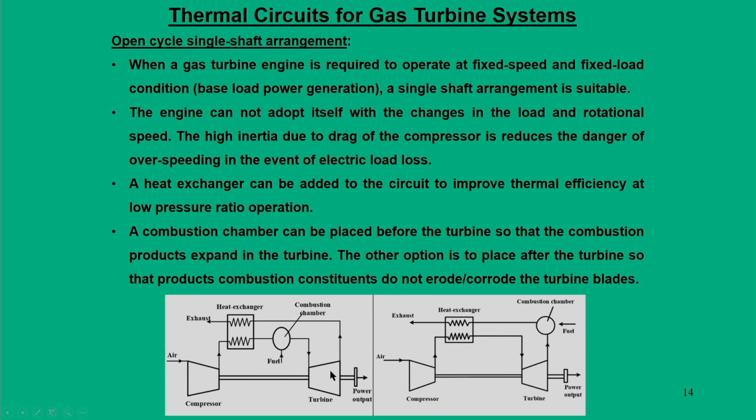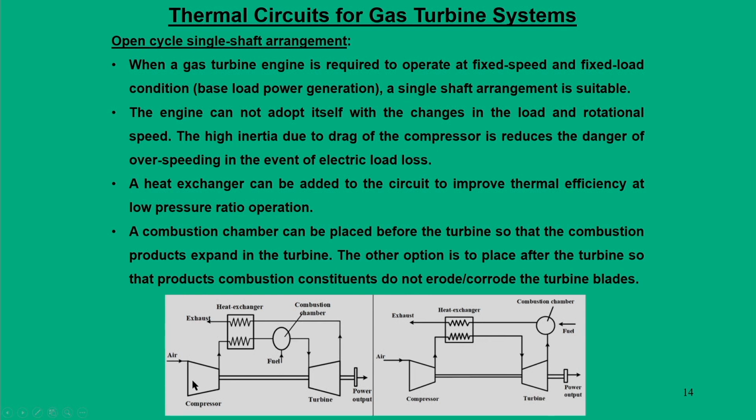Now, if we have a multiple shaft system, then the synchronization of all these things will be different. Once we set the synchronization for all of these on a common shaft, it becomes easy to run that turbine unit. When they are on a single shaft, the high inertia drag due to the compressor reduces the danger of overspeeding in the event of electric load loss.